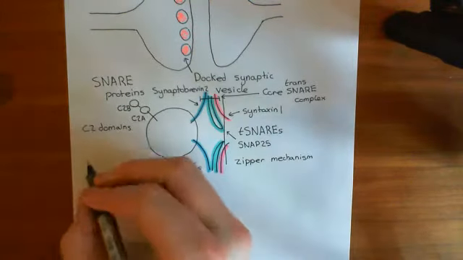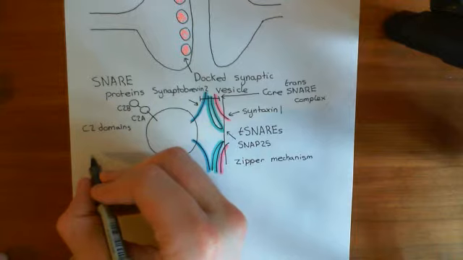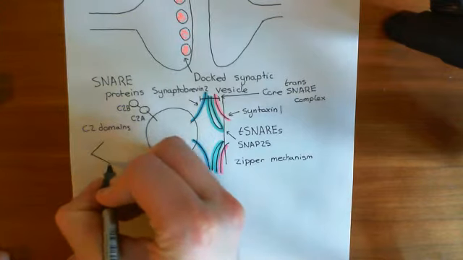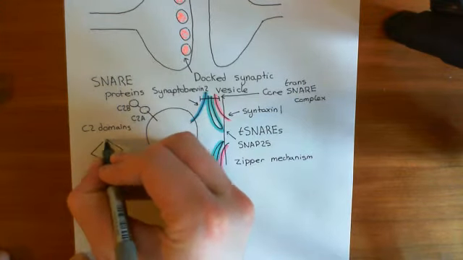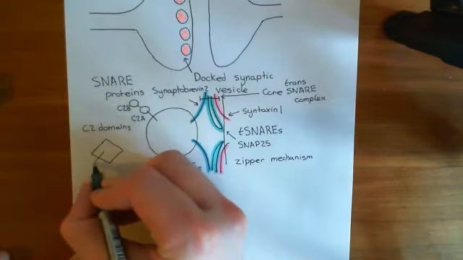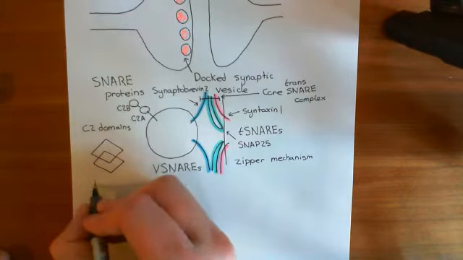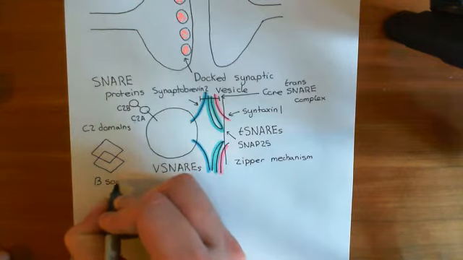So let me show you this. You'll have 1 beta pleated sheet here, and you'll have another beta pleated sheet underneath it. So that's what is meant by a beta sandwich.